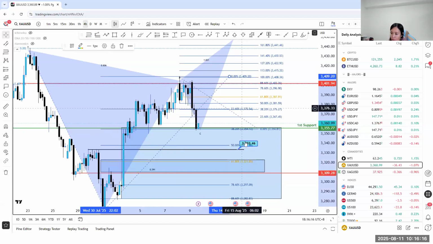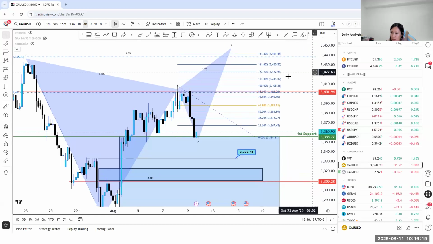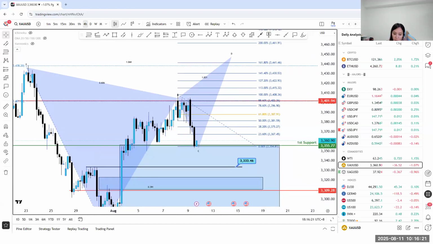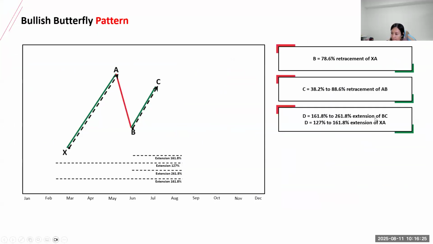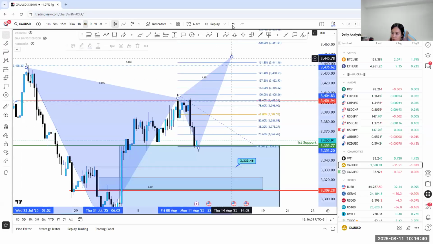D could go how many percent? BC extension 161.8, or all the way up to 261. BC extension could go all the way.